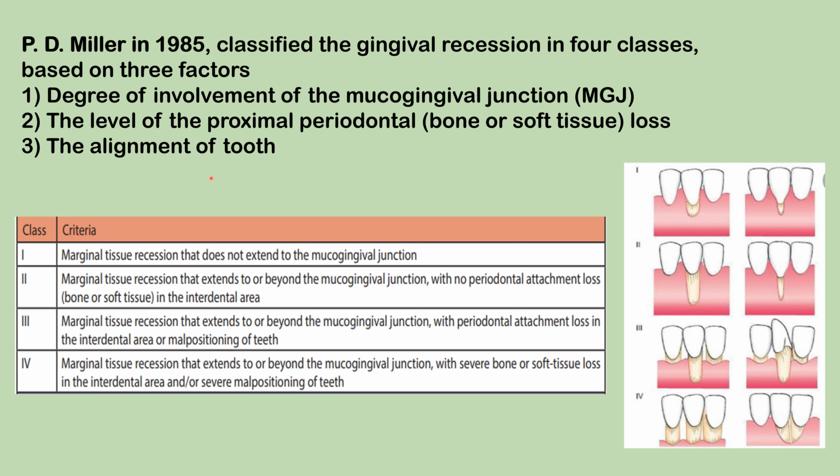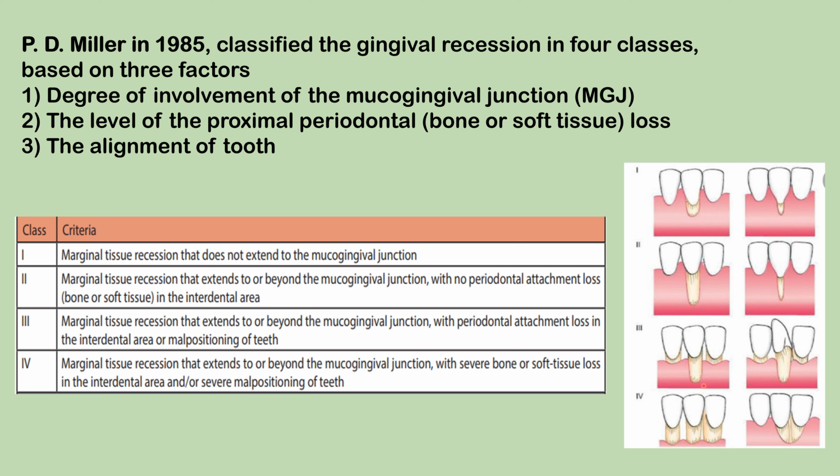The most common classification for gingival recession was given by P.D. Miller in 1985, based on three factors: the degree of involvement of the mucogingival junction, the level of the proximal periodontal bone loss, and the alignment of the tooth. Class 1 is the marginal tissue recession that does not extend to the mucogingival junction. Class 2 is the marginal tissue recession that extends to or beyond the mucogingival junction with no periodontal attachment loss in the interdental area.